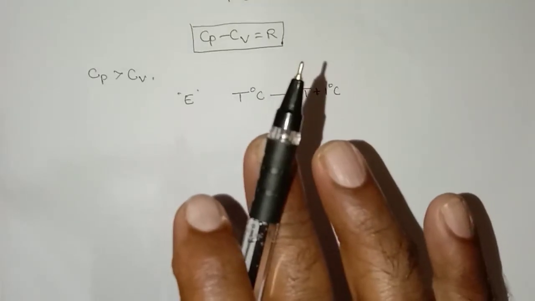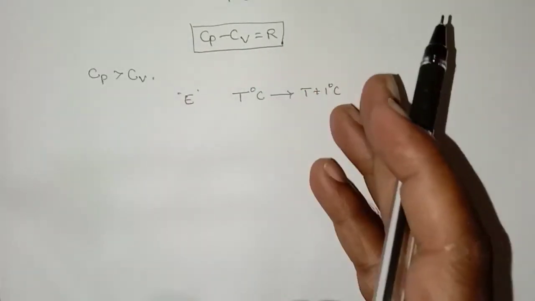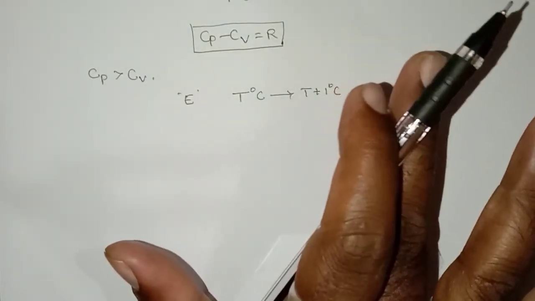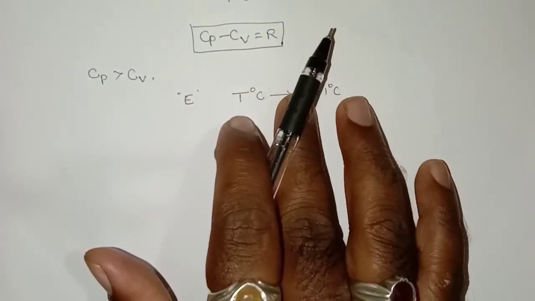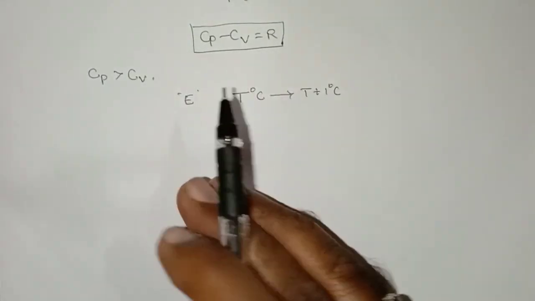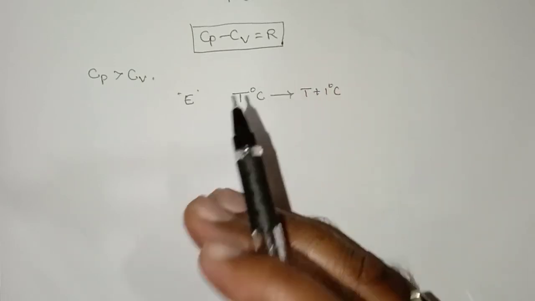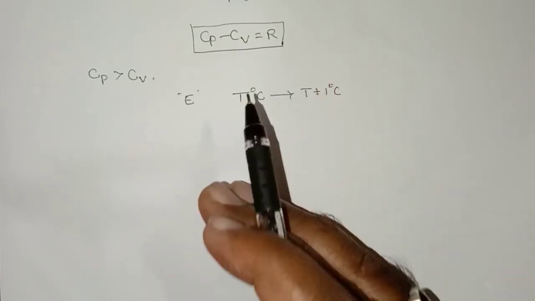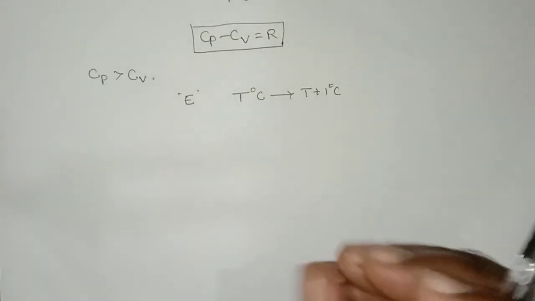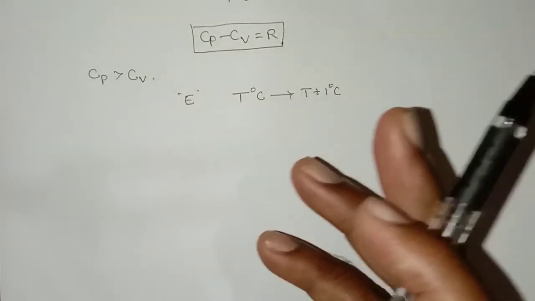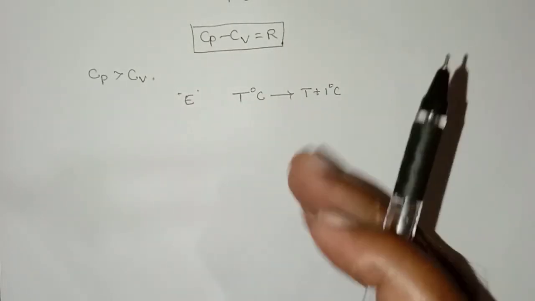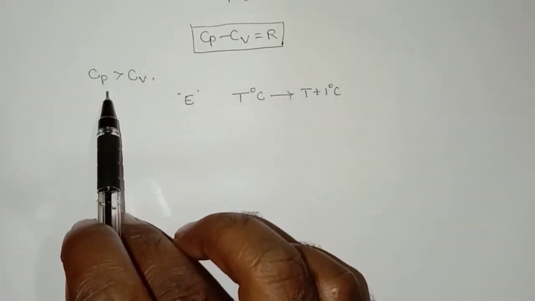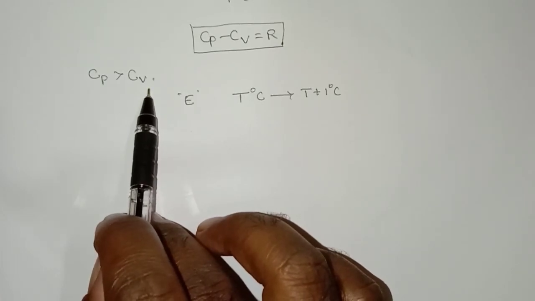So in case of Cv, the heat energy we provide will increase only internal energy, and that corresponds to molar heat capacity. In case of Cp, whatever energy we provide will be utilized initially to perform work by the system. Then, in order to raise the temperature, it requires some more energy, and thus the magnitude of Cp increases due to the excess supply of heat energy, and the value of Cp will always be greater than Cv.